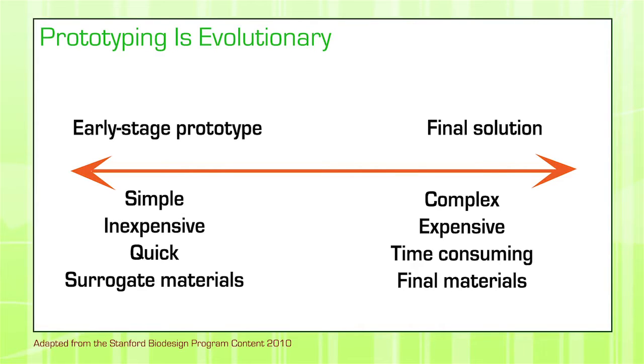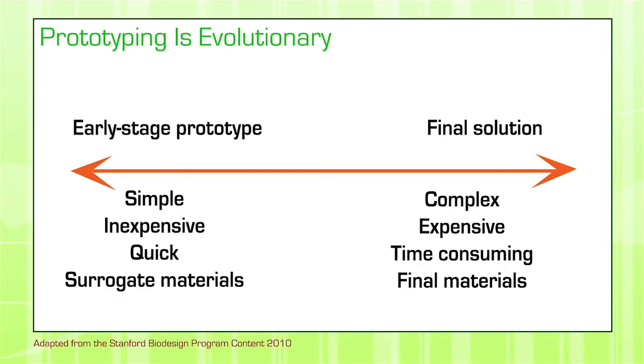A very easy way to understand it is that it has four exclusively important characteristics. An early stage prototype has to be simple, inexpensive, quick to do, and it should use surrogate materials.